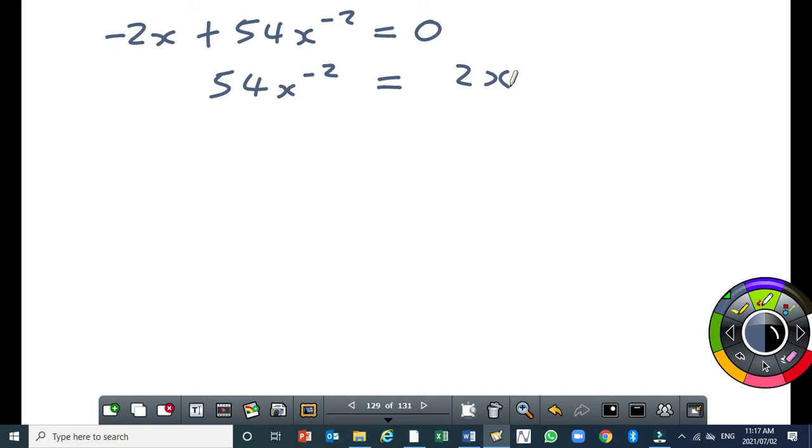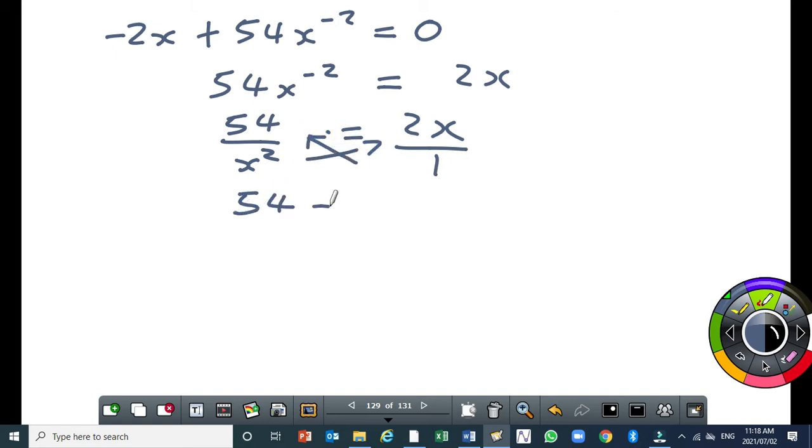Then the next thing, convert the negative exponent to a positive exponent. So it will become 54 over x squared equal to 2x. Now, be aware that the denominator of that 2x is a 1. So we have to cross multiply. If you cross multiply, you get 54 on the left. On the right, it will be x squared times 2x, that will be 2x cubed.